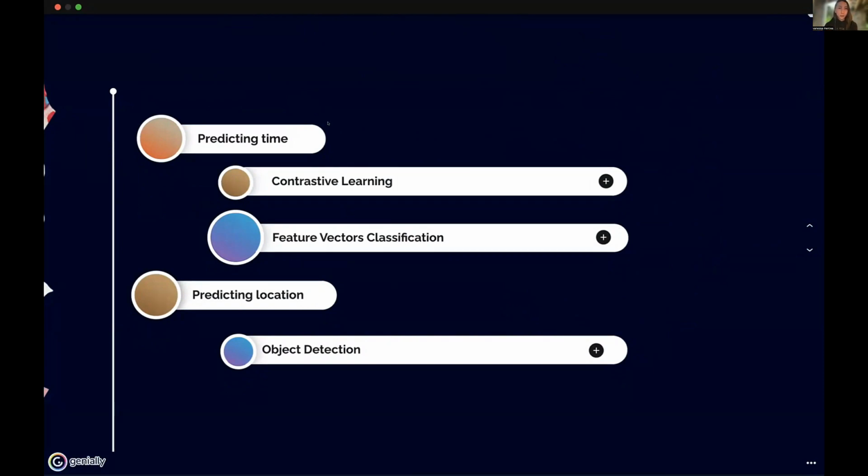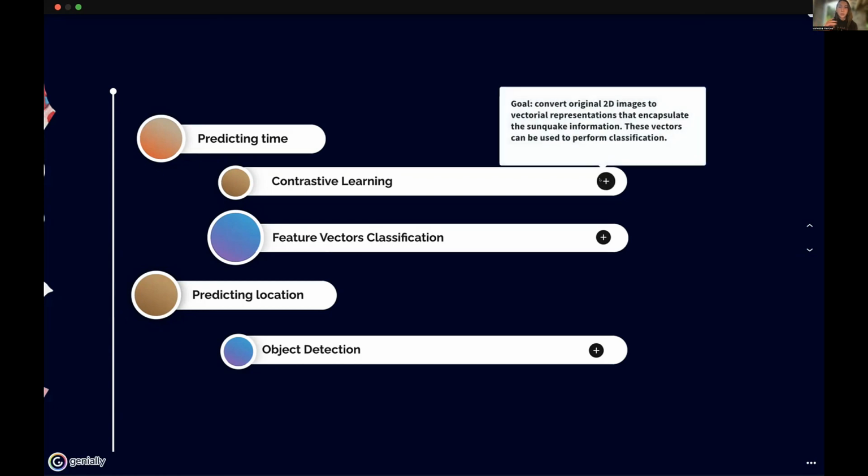The first step, predicting time, is a simple pipeline, where we first apply contrastive learning with the purpose of converting the original images, which are two-dimensional, to a reduced vector representation, let's say from 224 by 224 to a 128 size vector. Over these vectors, we can perform classification using various techniques.